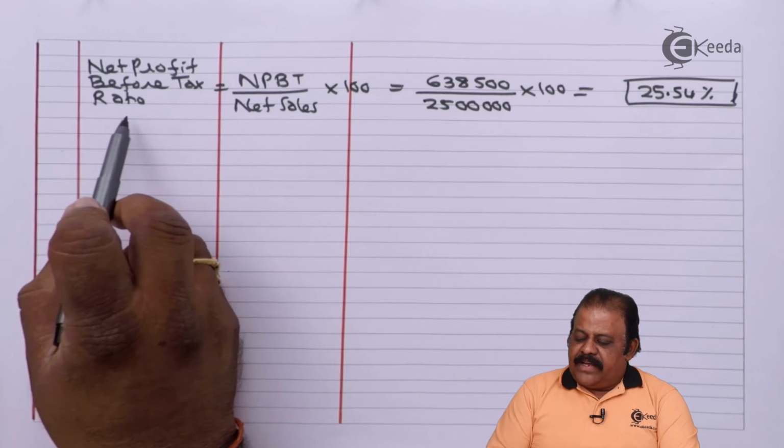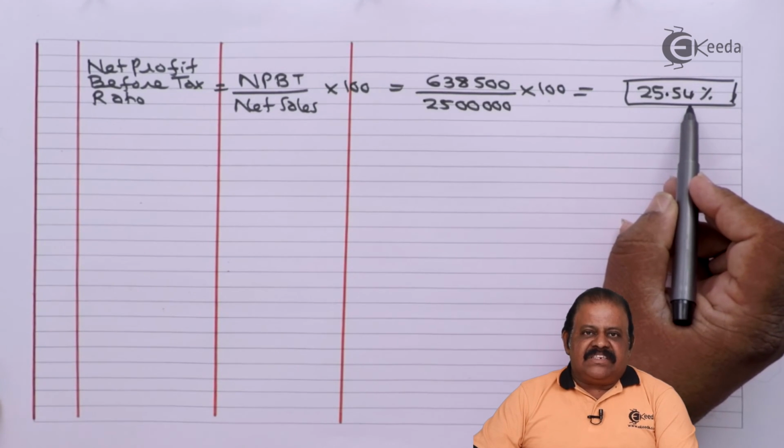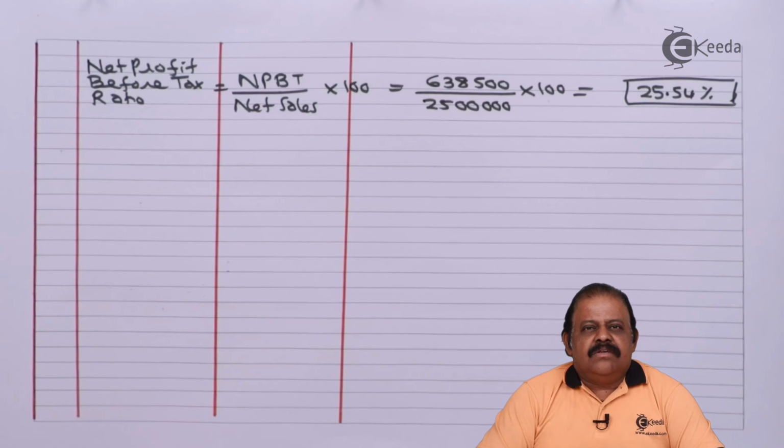Net profit before tax ratio is 25.54%. In this question, we have calculated the required ratios based on the information given in the university exam paper.